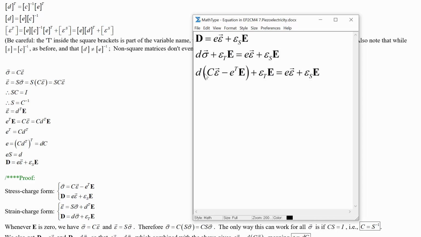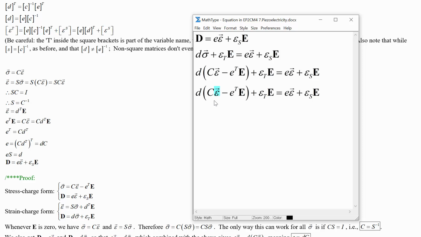And here is the thing. This is supposed to work all the time, no matter what epsilon is, which means, no matter what the strain is, that is, which means it should also work if we have a strain of 0. So that is, we have a fixed object.